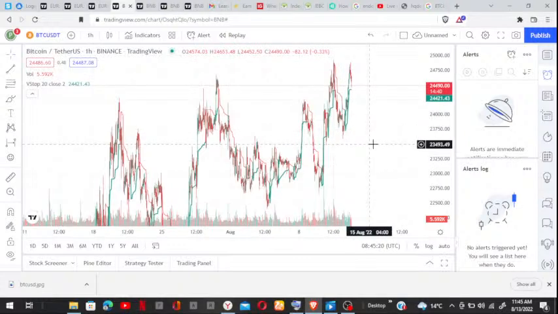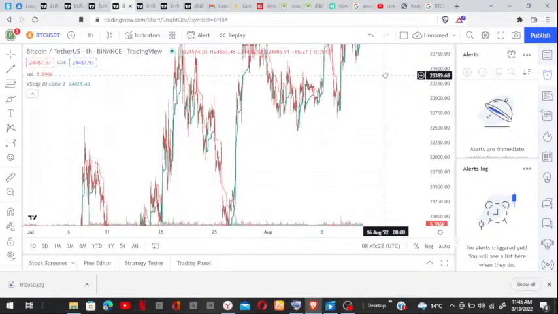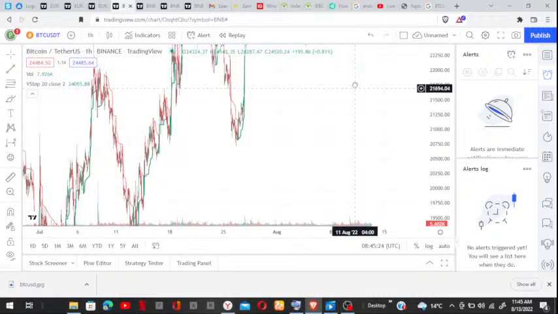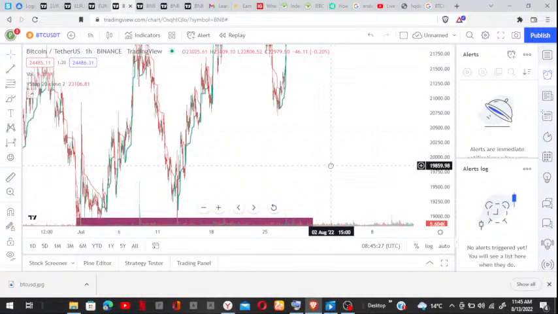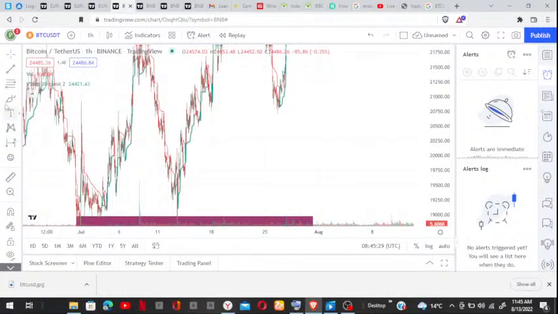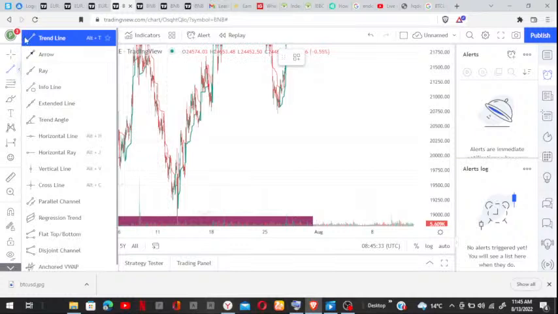So guys, for a very long time you can see Bitcoin USDT has been buying, and you can actually know that it has been on an uptrend.